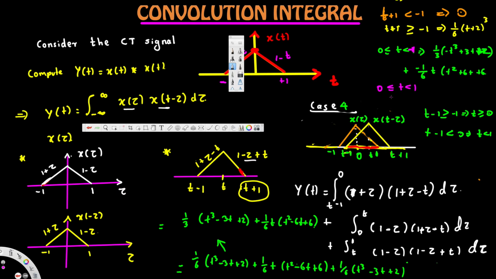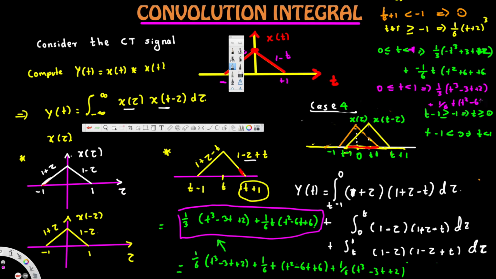In that region we are going to have this final expression: 1 over 3 t cube minus 3t plus 2 plus 1 over 6 t square minus 6t plus 6. Okay, so this is between 0 and 1.